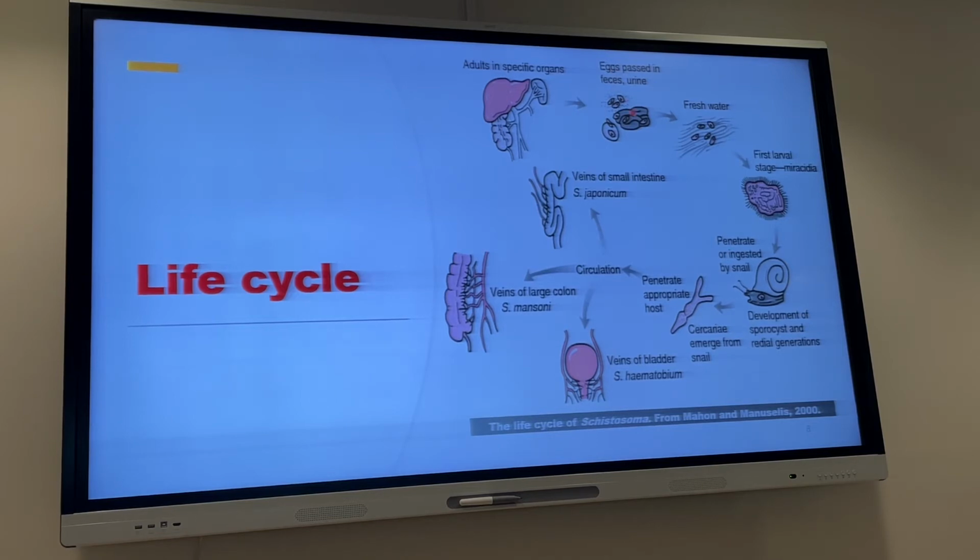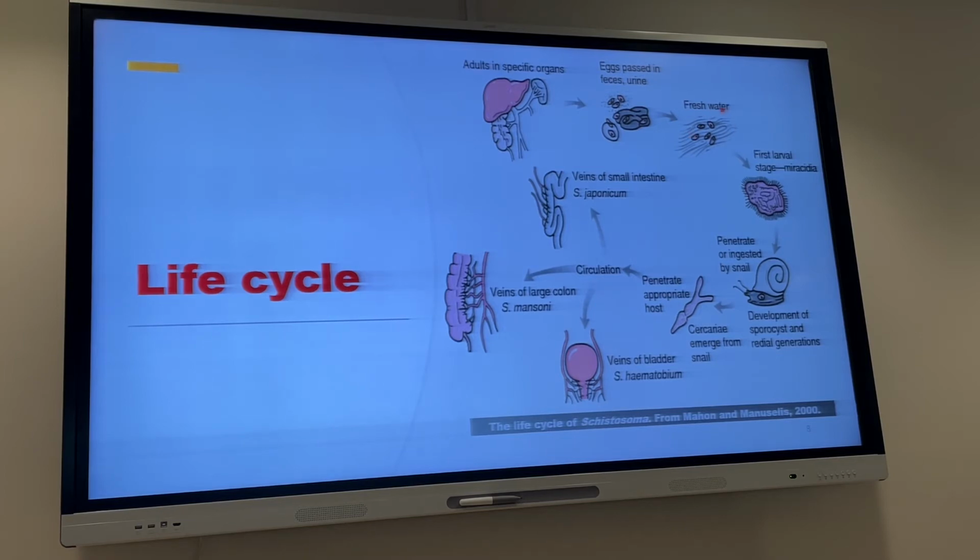An infected individual. Now, depending on the species we are discussing, the eggs are passed either in feces or in urine. But because the emphasis is on hematobium, we are going to focus on urine, right? So the eggs are passed out in the urine.